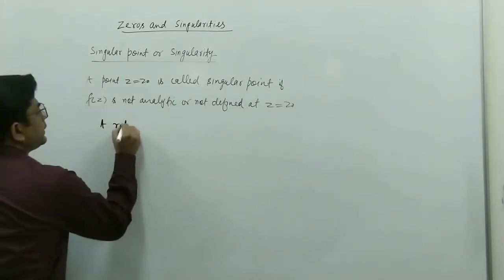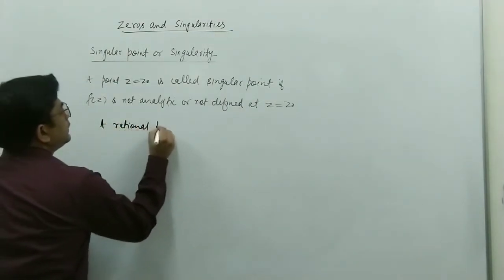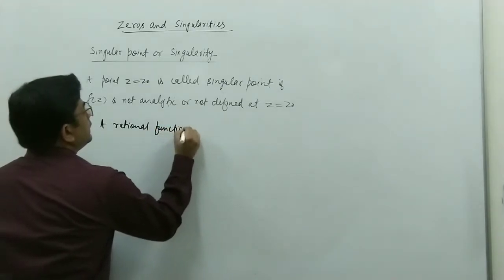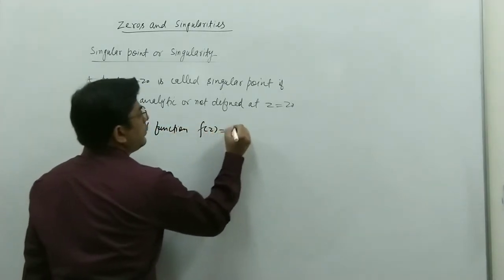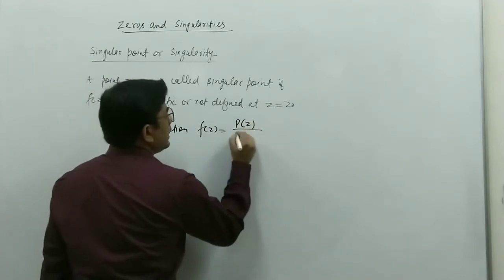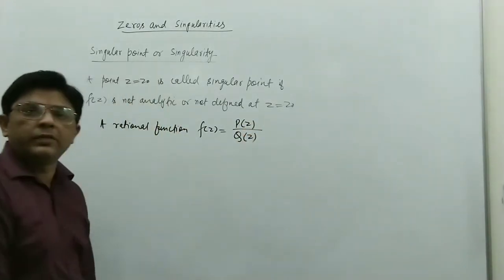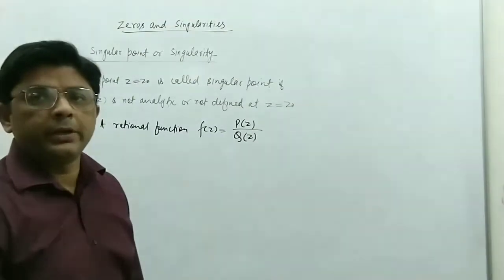A rational function, that is, the function is in the form of something p(z) upon q(z). That is, the function is in the form of numerator upon denominator. Okay.